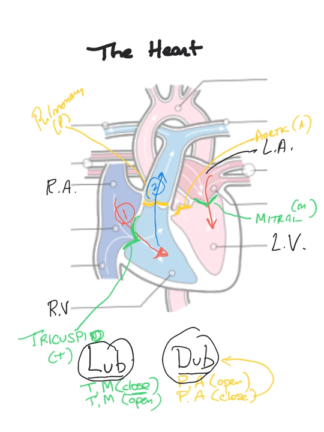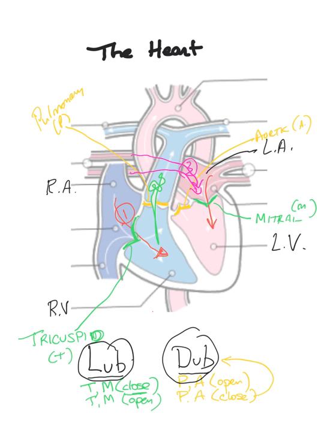It comes back from the lungs into the left atrium. I need another color. So the blood coming back from the lungs into the left atrium is step number 3.